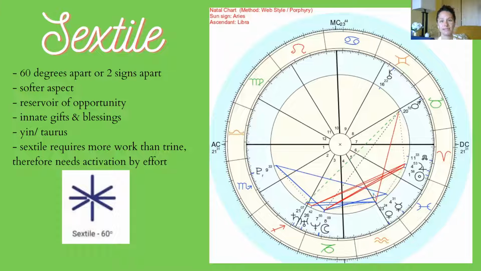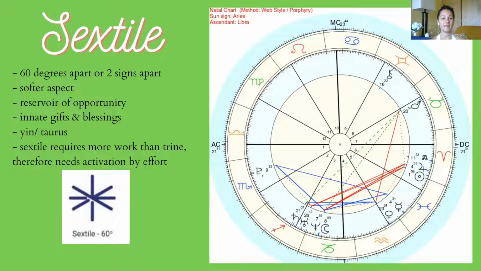Next, we're looking at sextile, which is the shorter of the blue, which is 2 signs apart. So we've had the 3, which is the square, the 4 apart, which is the trine, and then there's just 2 or 60 degrees apart is a sextile. Now the sextile is a softer aspect. It doesn't show up as boldly as the others, but the sextiles are there, and they're definitely important to be experienced and looked at as a reservoir of opportunity, which I love that saying.